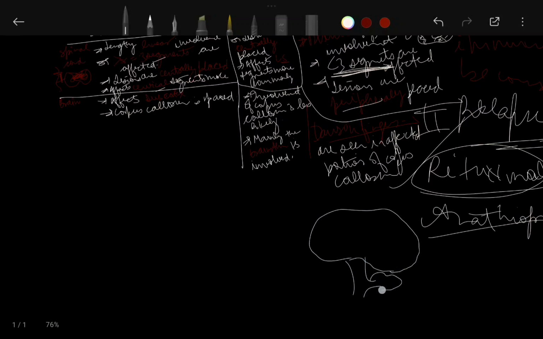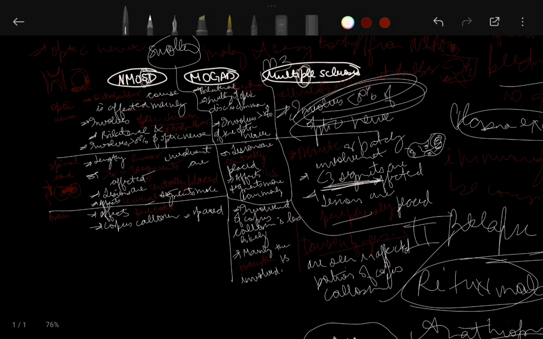This is the brainstem, and this is cerebellum, and over here I see corpus callosum. Finger-like projections like these are seen over here. Dawson fingers are seen in affected portion of the corpus callosum. In multiple sclerosis, C3 segment is affected, lesions are peripherally placed, and discrete or patchy involvement is there.